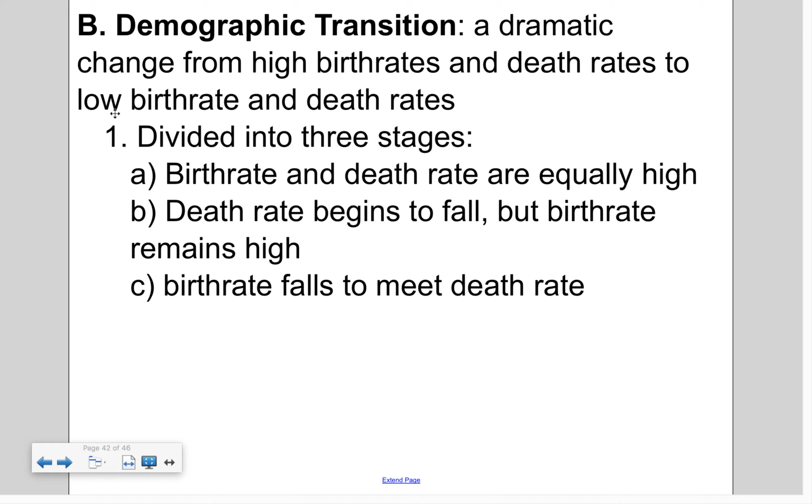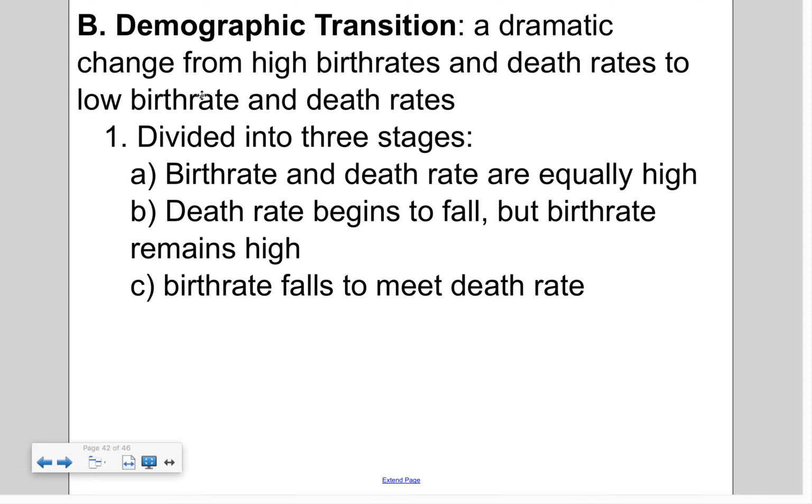And now we're starting to see a low birth rate with also a low death rate because people are waiting to start families. I just think about myself. My mom had her first kid when she was like 18, 19, and I didn't have mine till I was in my late 20s or something like that.